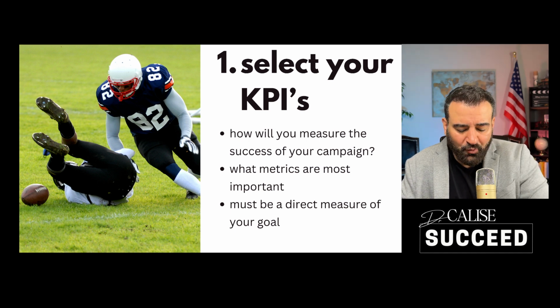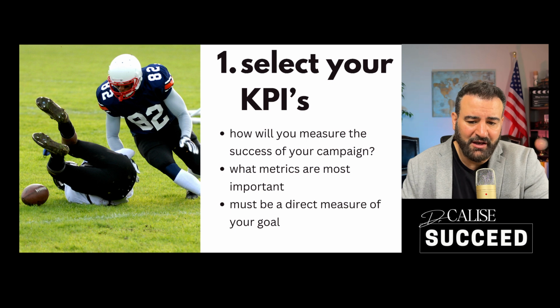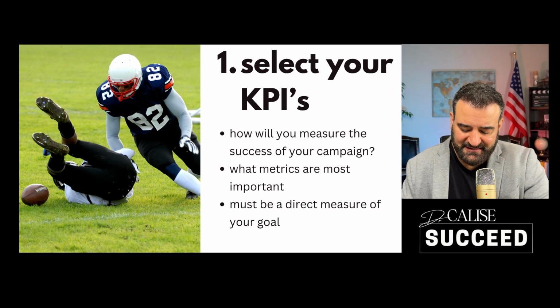Now, what if you say, hey, listen, I want to do an awareness campaign, but what's important to me more than anything is sales. This is a fantastic built-in red flag for you. If sales is the most important indicator for your campaign, then you shouldn't be doing an awareness campaign.